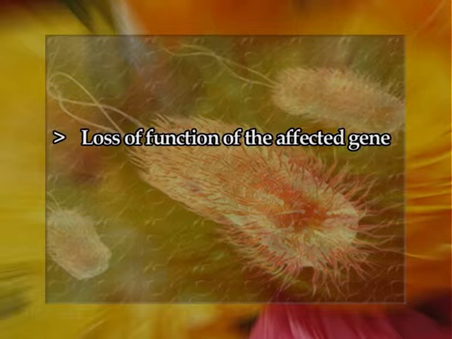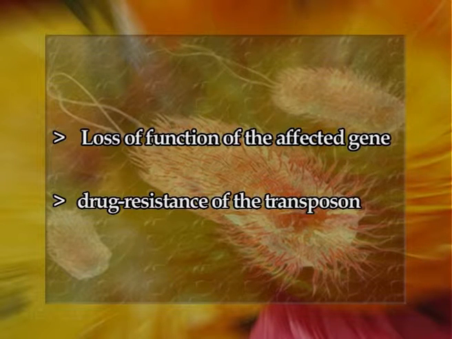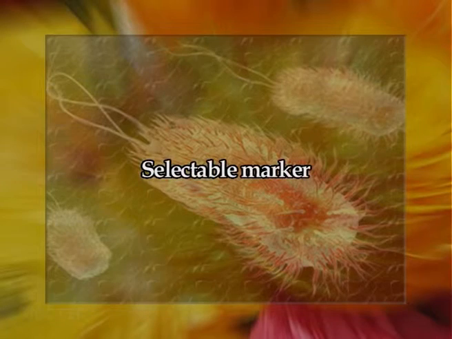A mutation caused by a transposon therefore has a distinct advantage since it has two phenotypes: the loss of function of the affected gene and the drug resistance of the transposon. The latter is selectable but brings the former along. It is also noteworthy that a transposon can be viewed as just a selectable marker, allowing linked but not transposon mutated genes to be moved.